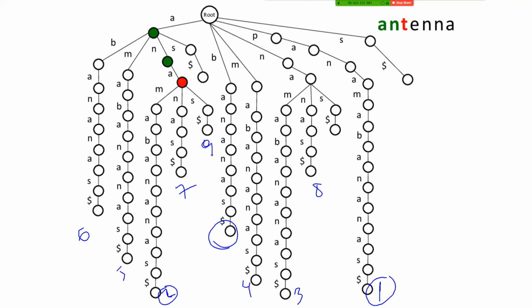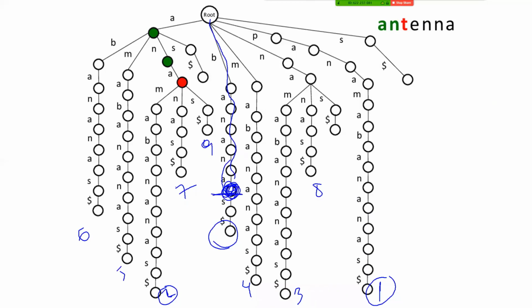When I created every suffix from the genome, I would also mark what was the starting position and then add it to the suffix tree and label the leaf node with that starting position. So I have to remember what was the starting position for that suffix that I added to the suffix tree. When I perform a search, and let's say I find banana, which means I stop the car there.